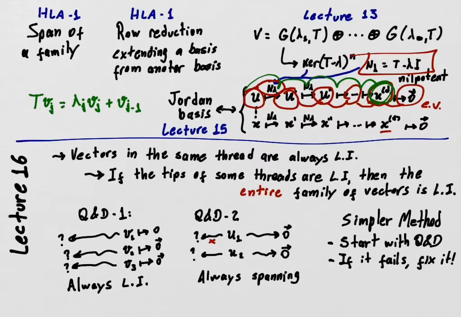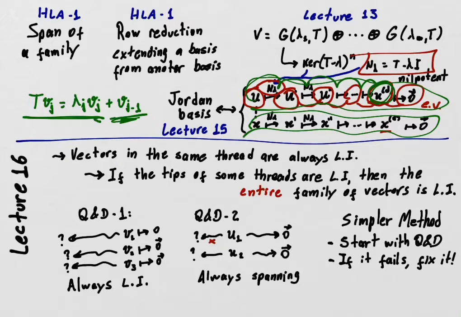So they are not exactly eigenvectors, they have this link to the previous vectors. And it is this collection of threads like this that will make our operator have a Jordan matrix. So when we write the matrix of this operator with respect to this basis, and this basis, it has to be written backwards.